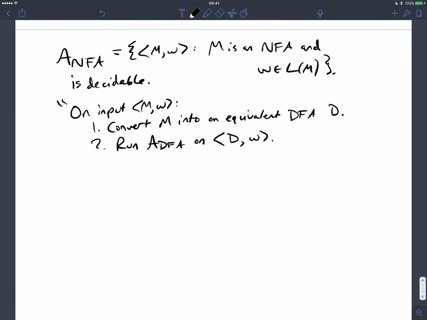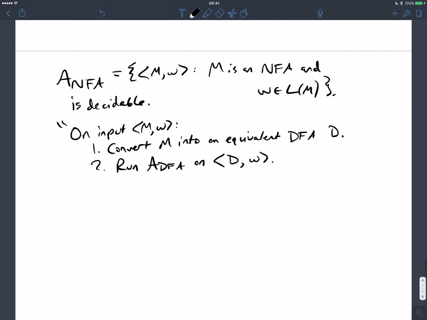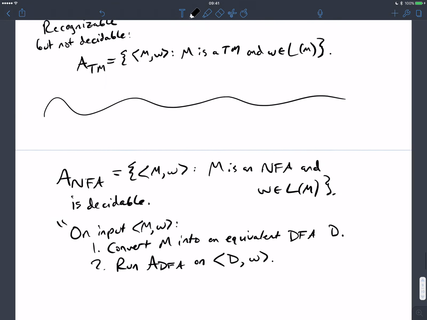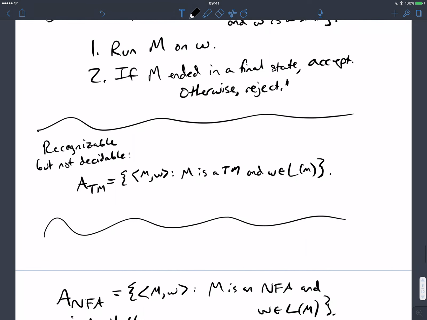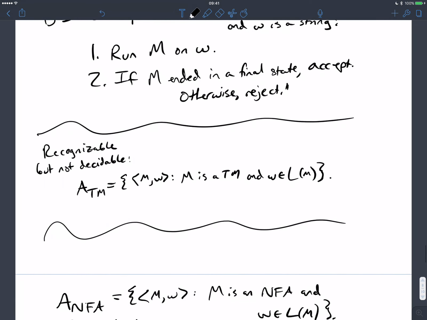What is a DFA? What structure is it? It has to be in a certain form. Is a DFA a machine, or is it a language, or what? I'm running a machine on a string. But what is a DFA? It's an encoding. It's a set of strings. What is a set of strings?